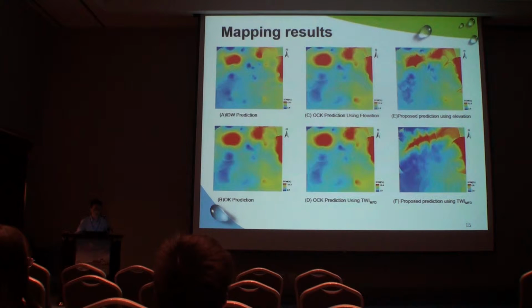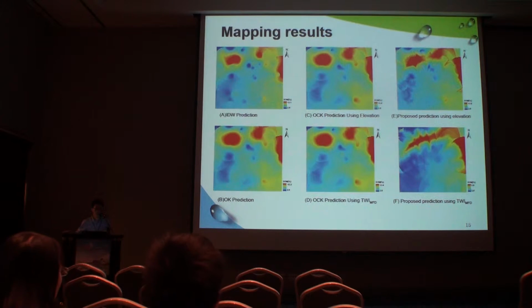This map shows the prediction results. The two pictures on the left side are from the traditional methods: the first one is the inverse distance weighting prediction, and the second is the ordinary Kriging prediction. The middle two pictures are the ordinary co-Kriging results using different environmental variables such as elevation and TWI.